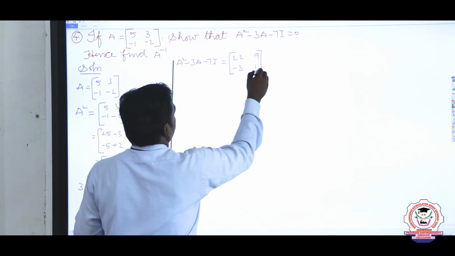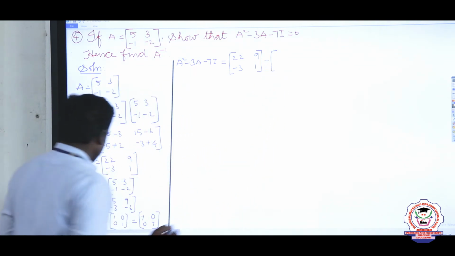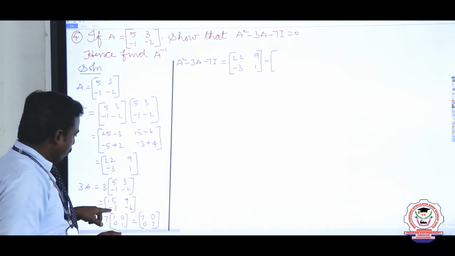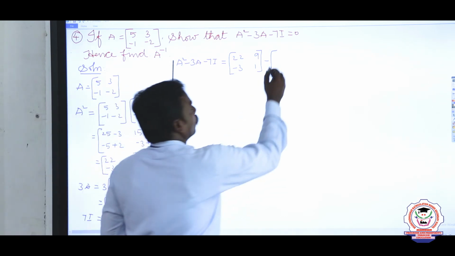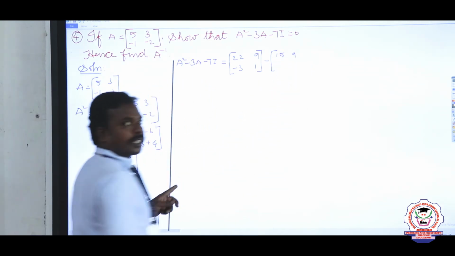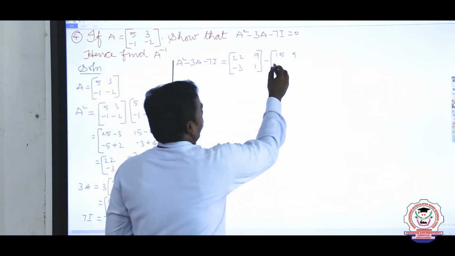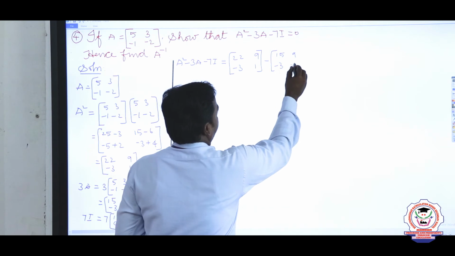Then minus 3A: the 3A matrix is [15, 9; minus 3, minus 6]. So 15 and 9 from the first row, and minus 3, minus 6 from the second row.